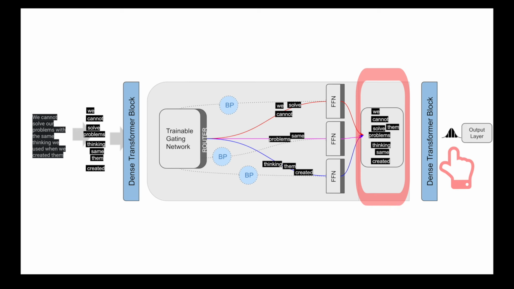A few things to note: at every MoE layer level, all the results from all the experts are aggregated together and then passed to the output layer through a sigmoid function.